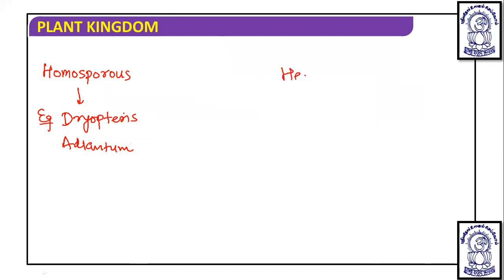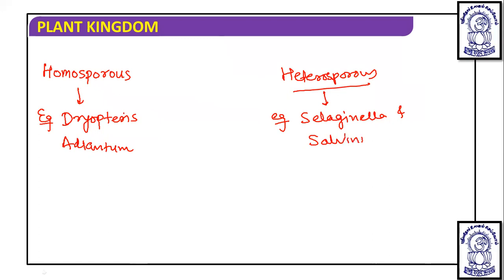But in heterosporous pteridophytes, examples are Selaginella and Salvinia. Some other examples include the fern plants like Pteris and Pteridium, and all these are homosporous pteridophytes. Okay, so we will understand some of the examples later in continuation of this chapter. I hope you all are getting this point.